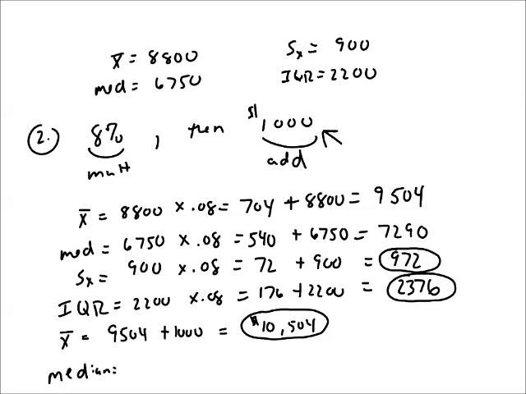And median, 7,290 plus 1,000 is 8,290. So it did matter if you add or multiply first for the mean and median, but it didn't matter for standard deviation and IQR because we're not going to do any adding to standard deviation and IQR. We only multiply because that's spread. You only multiply spread. You don't add or subtract.